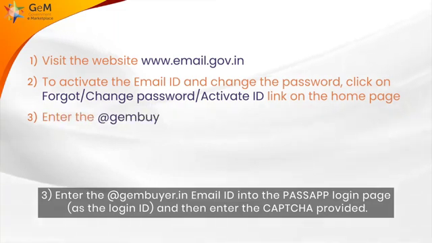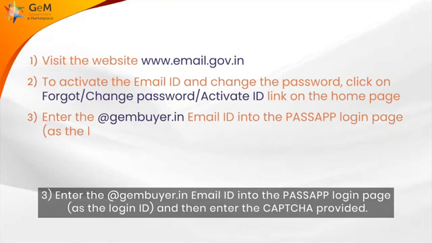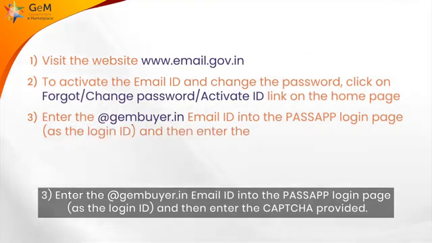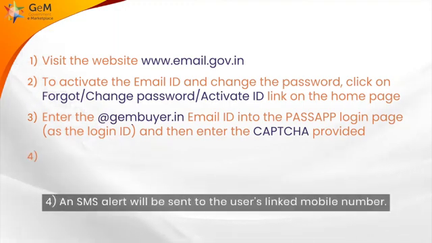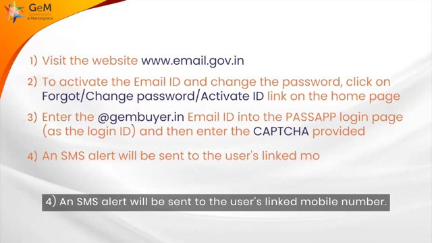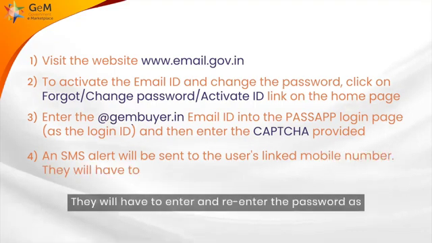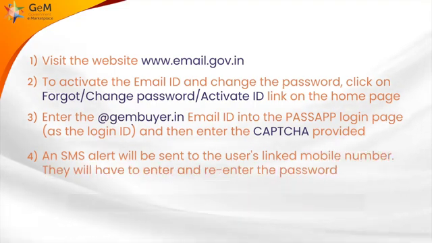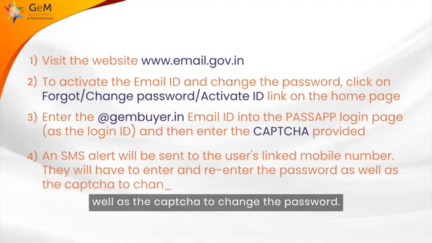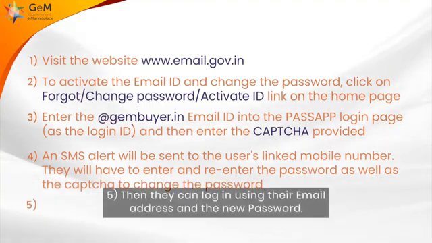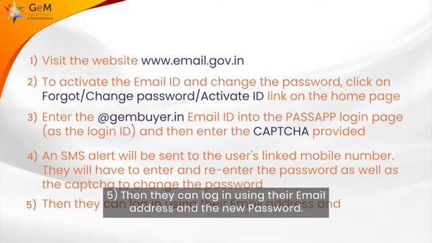Enter the @gembuyer.in email ID into the Pass app login page as the login ID and then enter the CAPTCHA provided. 4. An SMS alert will be sent to the user's linked mobile number. They will have to enter and re-enter the password as well as the CAPTCHA to change the password. 5. Then they can log in using their email address and the new password.